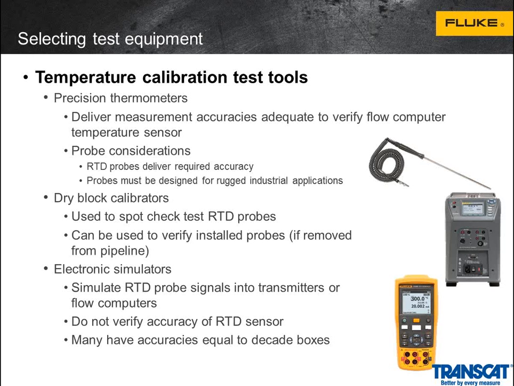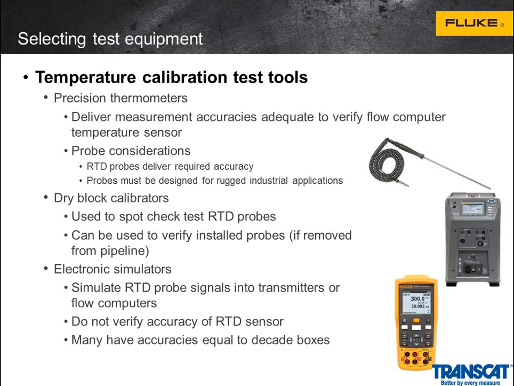Last but not least, we'll talk a little bit later about low flow conditions, but under certain low flow conditions you can't trust the RTD probe meter, and you actually have to simulate it. So I've got a picture here of an RTD simulator. They will actually simulate the signal into the flow computer, and that will basically allow you to complete the calibration despite the fact that you can't get a representative temperature measurement.